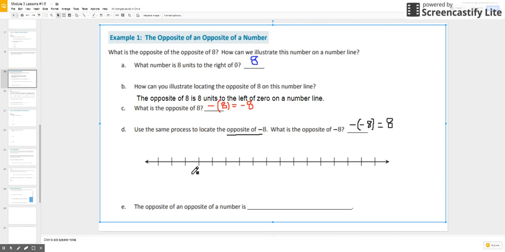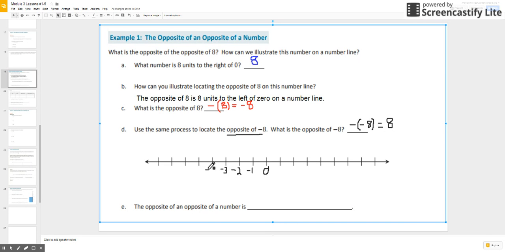If we illustrate that on the number line, we first start with 0 in the center. I believe there are 17 lines here. You can count them, but I'm going to go 9 in: 1, 2, 3, 4, 5, 6, 7, 8, 9 into the center. If we locate negative 8 on the number line, that means we go to the left 8 times, in the negative direction.